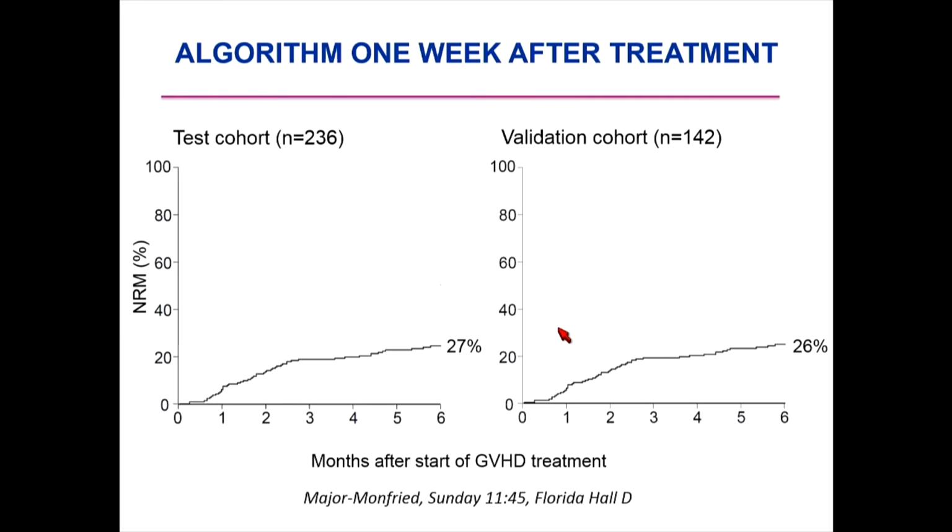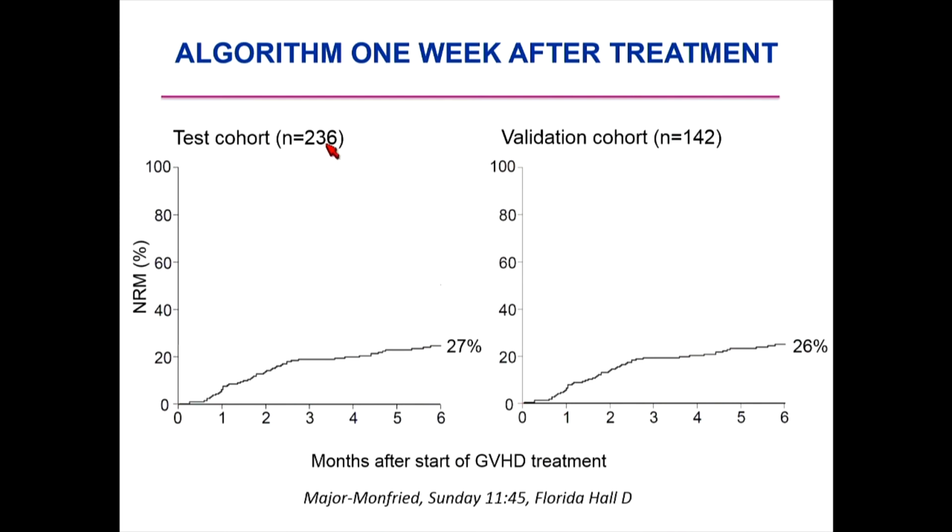This algorithm also works after treatment. So Sunday, you will see a full presentation of these data, but we looked at about 400 patients 1 week after their treatment for GVHD from within this group. We're now using the same 2 biomarker algorithm.